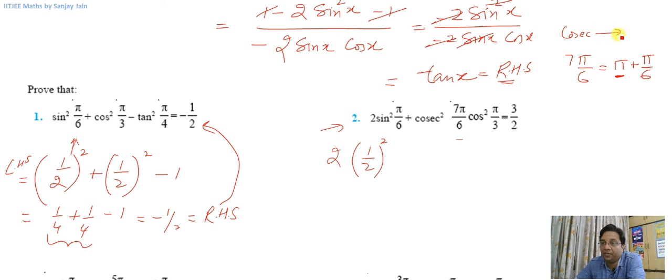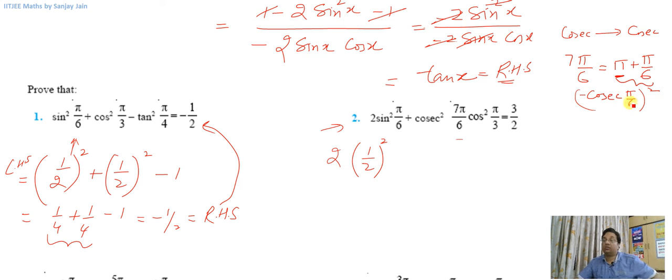Cosecant will remain cosecant, but now you see this is third quadrant. In third quadrant, cosecant is negative, so what will happen is I can write this as minus cosecant pi by 6, right? But there is this square, right? So if I square this, it will again become positive.